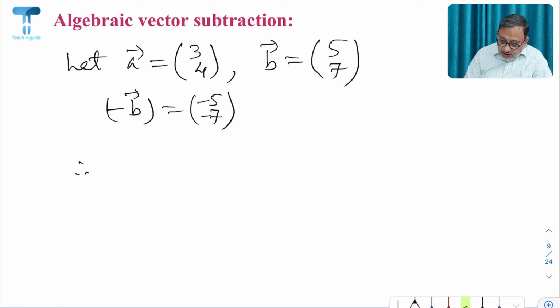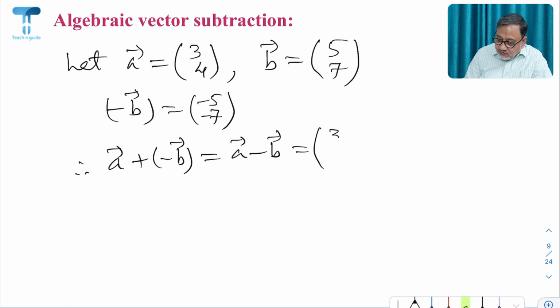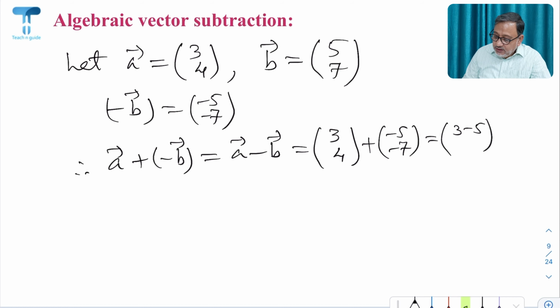Therefore A plus of minus B, which will represent A minus B, will be given by (3, 4) plus (minus 5, minus 7). So finally 3 minus 5 and 4 minus 7. So this will be a vector (minus 2, minus 3).